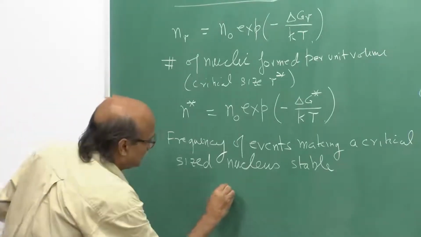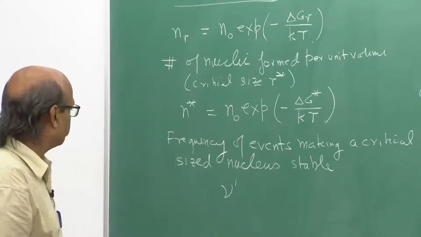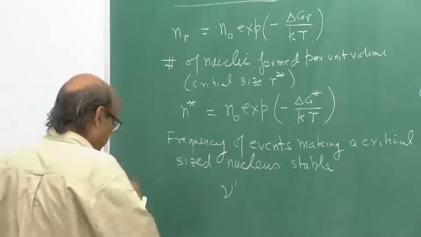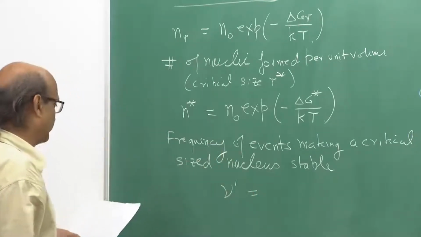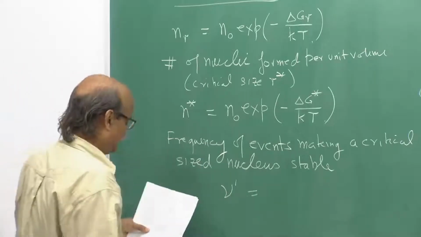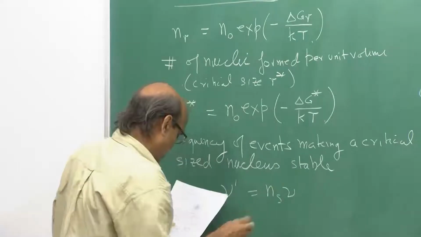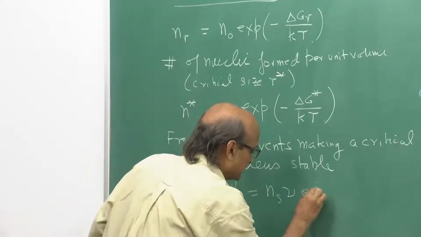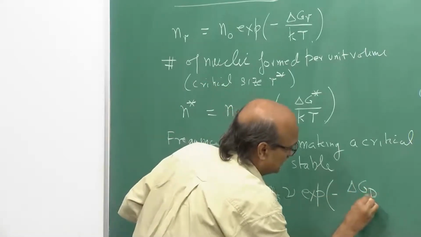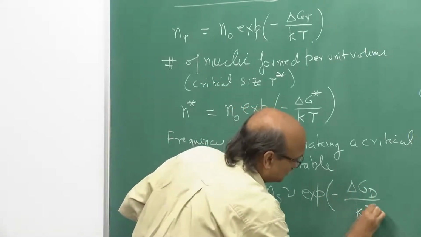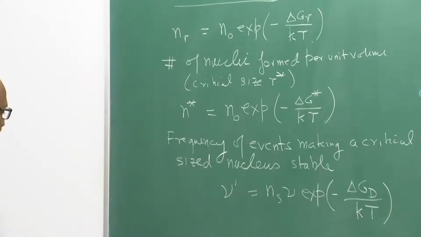Let that frequency be denoted as nu prime. Nu prime, and let me write down a relationship for nu prime first. Ns times nu times exponential minus delta Gd divided by kT, and let me explain the individual terms.